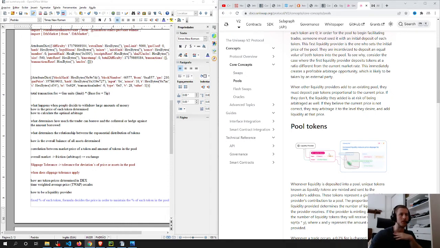If they believe the current price is not correct, they may arbitrage it to the level they desire and add liquidity at that price.